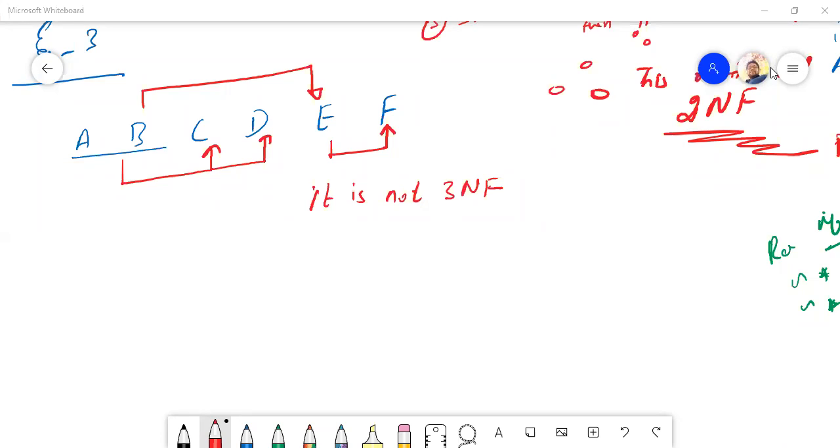Why are you telling this? Why do you say there is partial dependency? It's a very simple answer. Just look and tell. It has a non-key. Yes, it has a non-key.